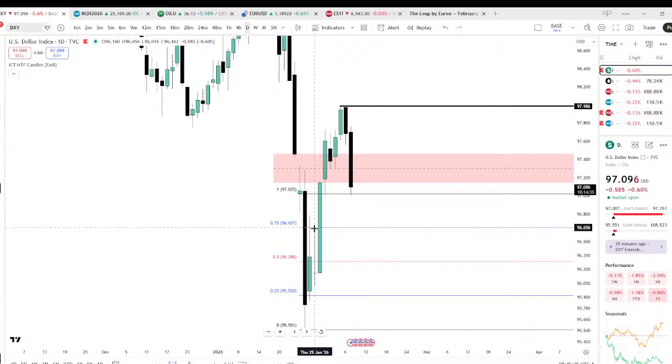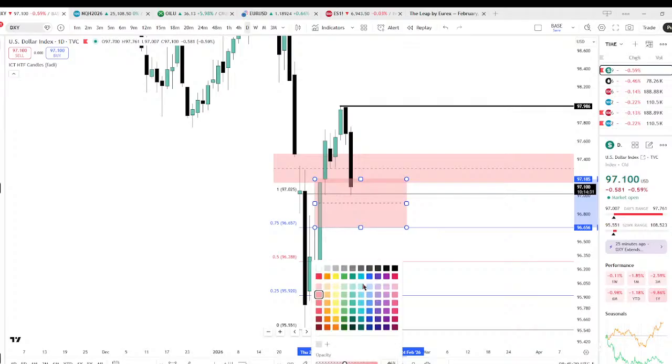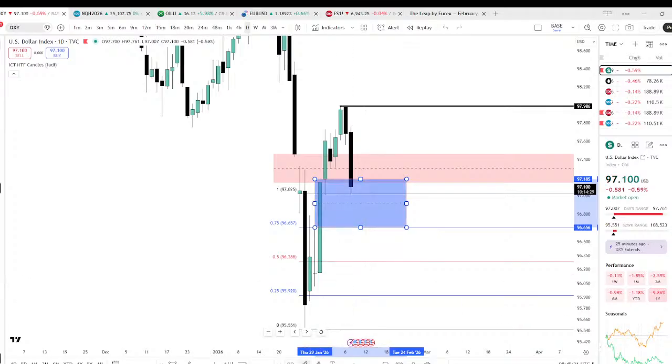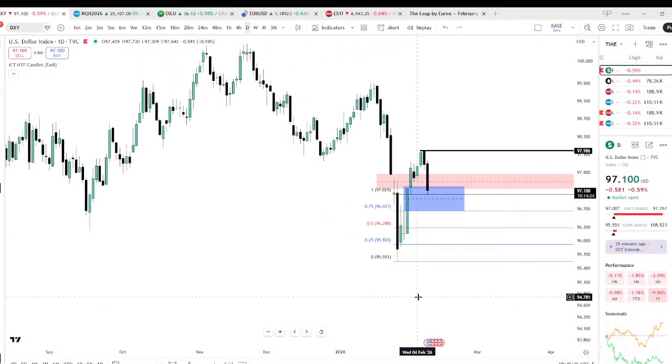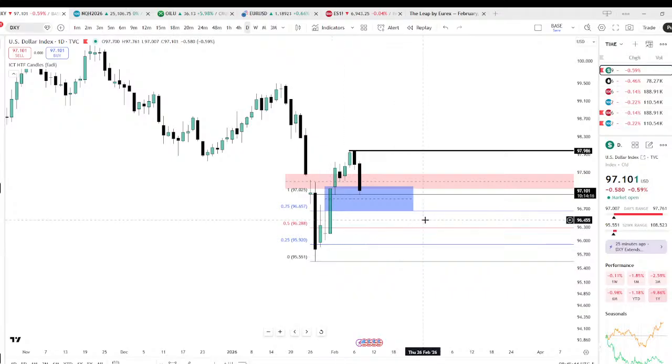There's an imbalance. Keep that in mind. You can see it jump down to this midpoint of the weekly wick.